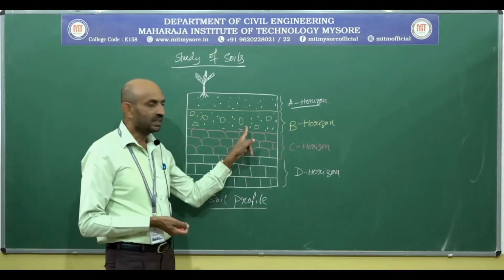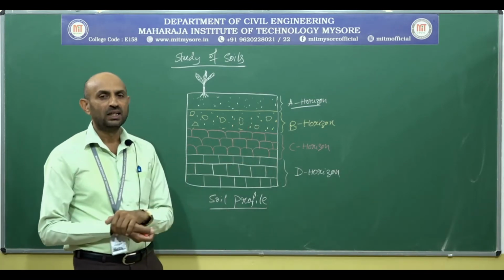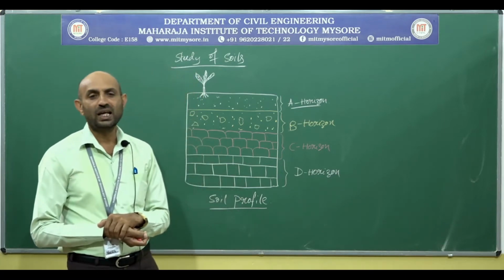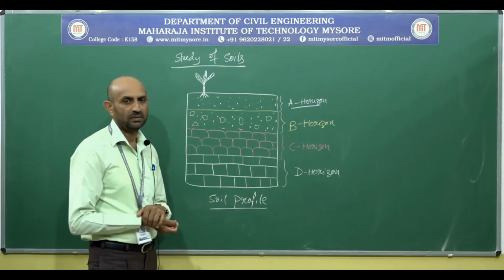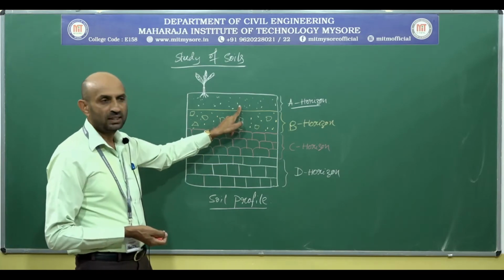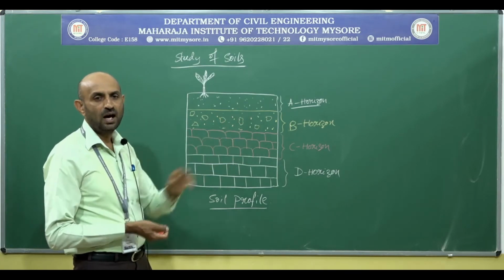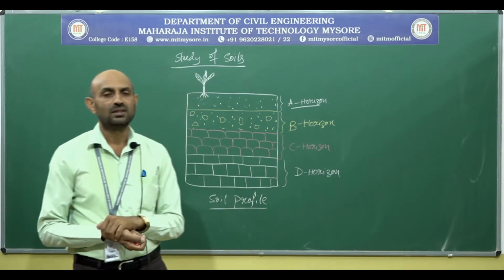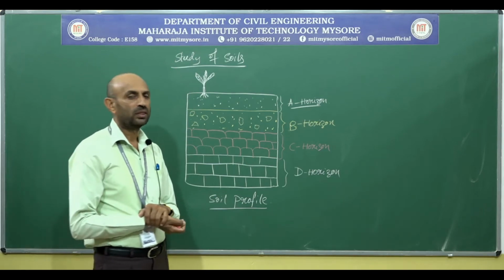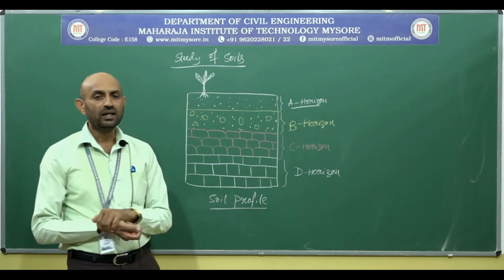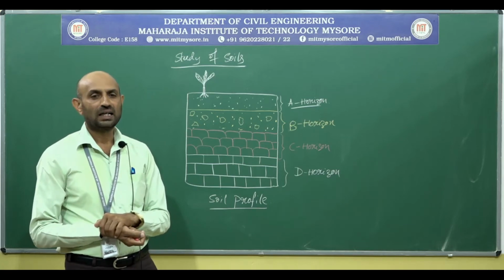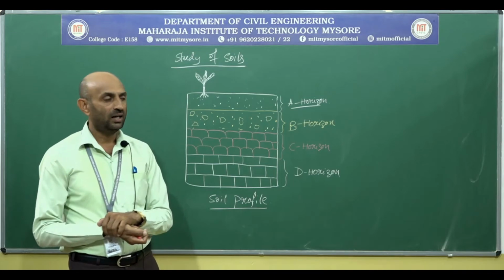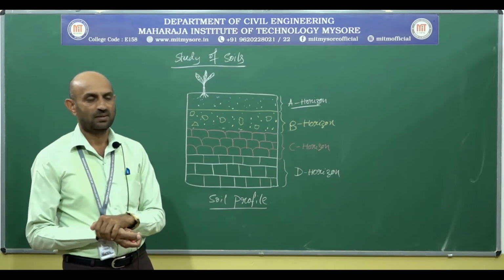The lower region of B horizon becomes more pebbly and coarse. The A horizon and B horizon together form the true soil called solum. The zone is rich in mineral matter, clays, colloids, iron and aluminium oxides.